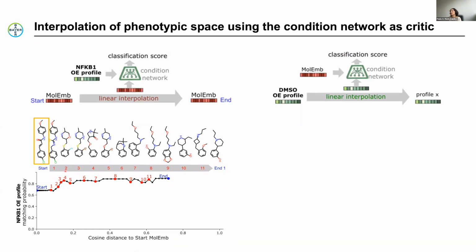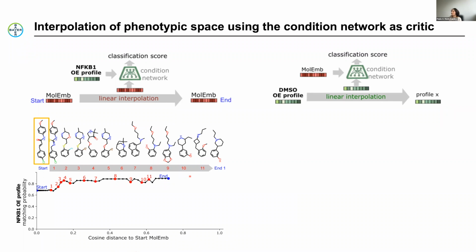And what is reassuring to see is that these changes are not completely random, but there is a trend: when we move in the direction of this end molecule, the matching of the condition network increases progressively.